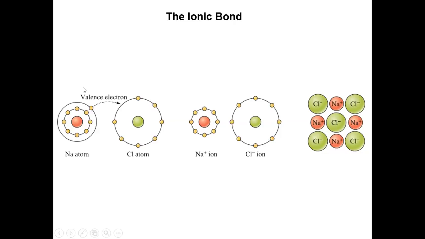The atom that donates the electron we call the cation, that is, sodium is the cation. The atom that receives the electron we call the anion, so chlorine is the anion. This type of electron transfer and bond we call the ionic bond, right? This is an example, right?